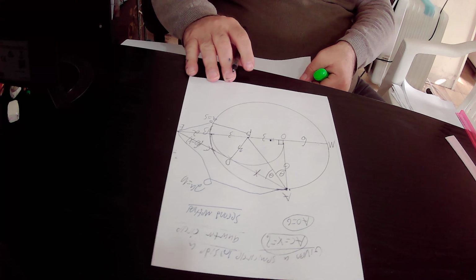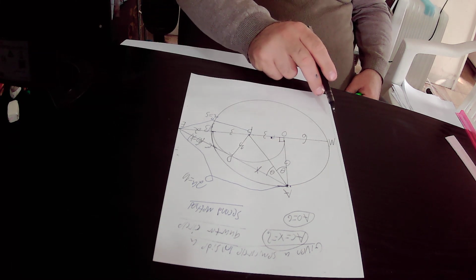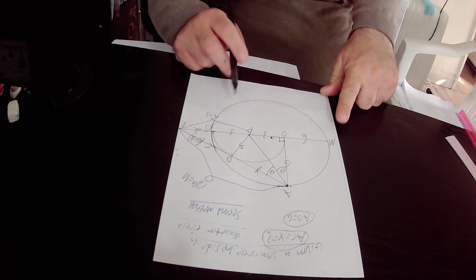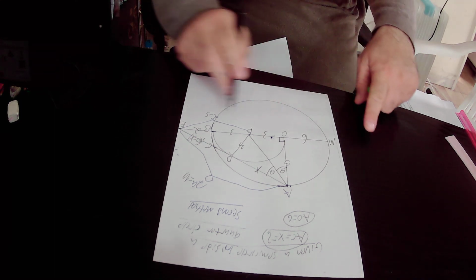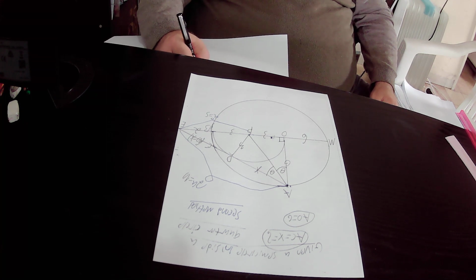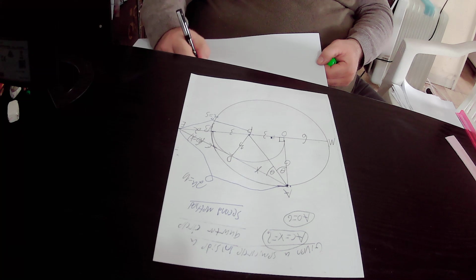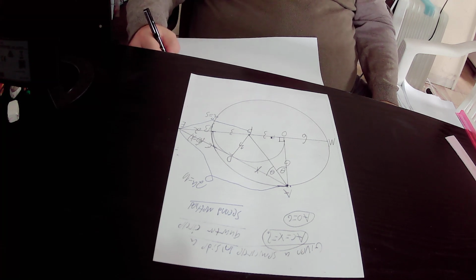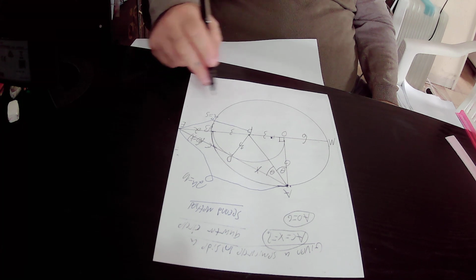In our drawing, we have two chords. This chord called MB intersects with chord AC at point E. Point E is the intersection point of chord MB with chord AC.